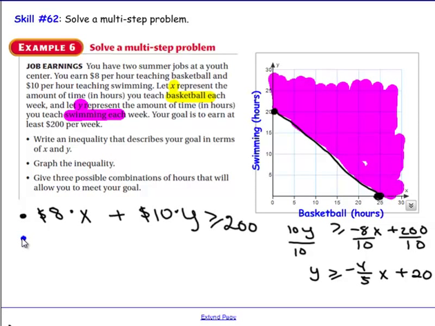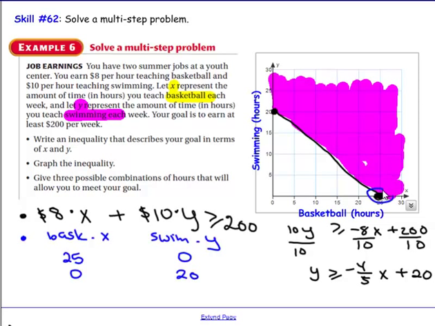And then it says, give 3 possible combinations of hours that will allow you to meet your goal. So I'm going to say basketball hours, which is x, and swimming, which is y. So I can teach basketball for 25 hours and swimming for 0 hours. I can also teach basketball for 0 hours and swimming for 20 hours.